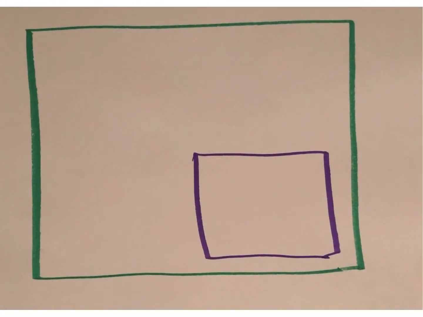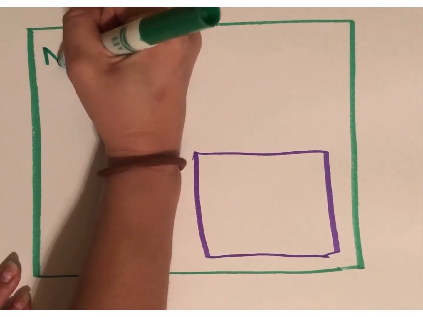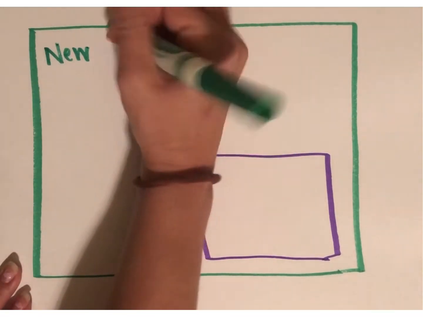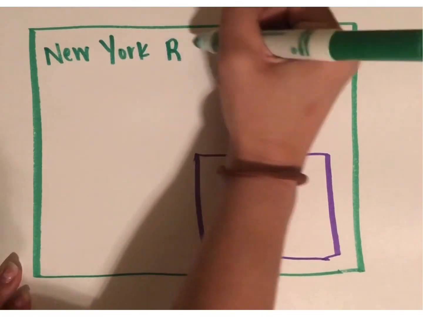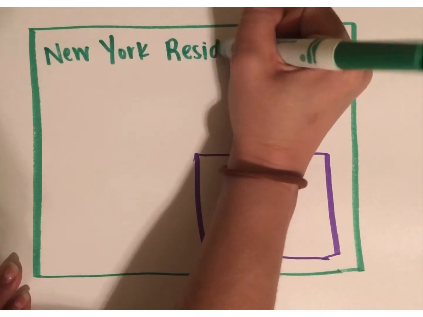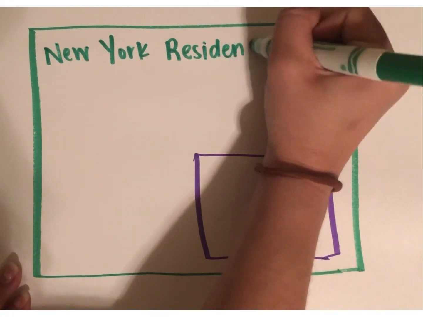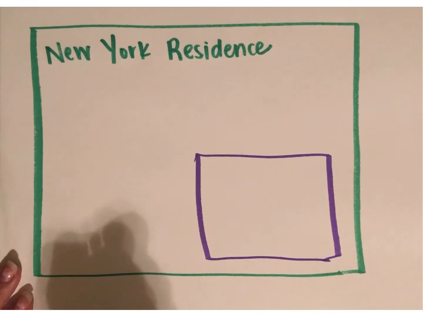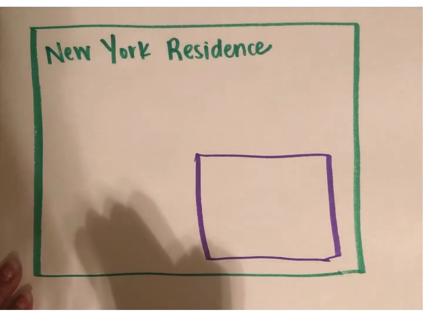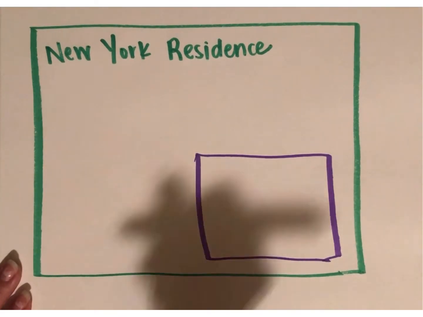All right, number 3. A recent study found that 40% of New York City residents earn more than the median salary. So here, they're actually talking about the New York residents. So that is our whole population. People who live in New York. And the sample they're specifically talking about is the 40% who make more than the median salary.